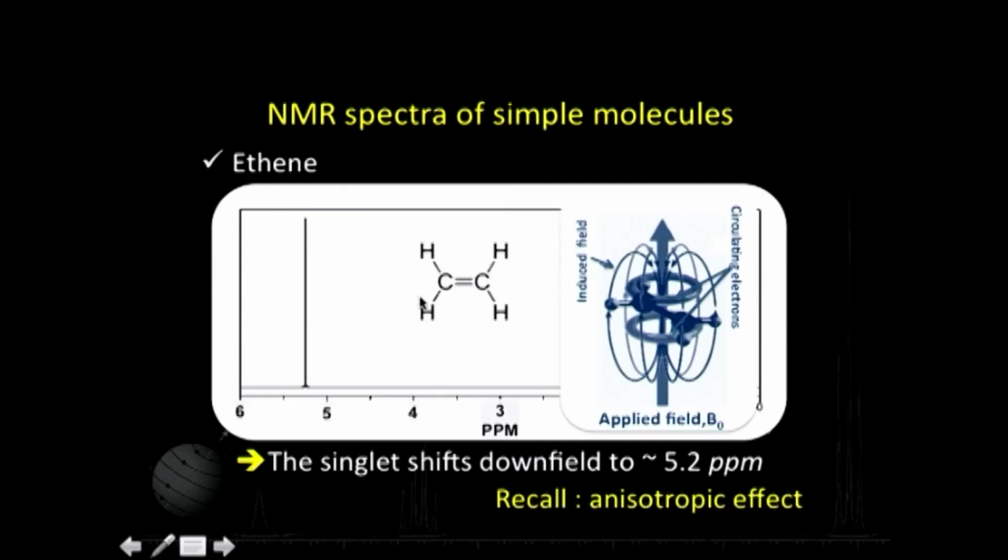You will recall that we learnt about the anisotropic effect earlier, wherein when this molecule is oriented perpendicular to the applied field, it generates a field, and that field augments the field at the proton, and as a consequence the signal goes downfield. It is a typical anisotropic effect. So, the message from this particular spectrum is that any unsaturation will lead to a downfield shift of the signals.